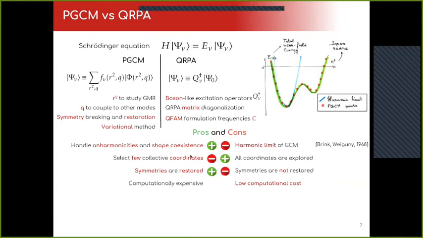But P-GCM, as I mentioned before, can restore the symmetries which are broken, which is still not the case for QRPA. And last but not least, P-GCM is more computationally expensive with respect to QRPA, which has a low computational cost, maybe not in general, but in the QFAM formulation of the problem.